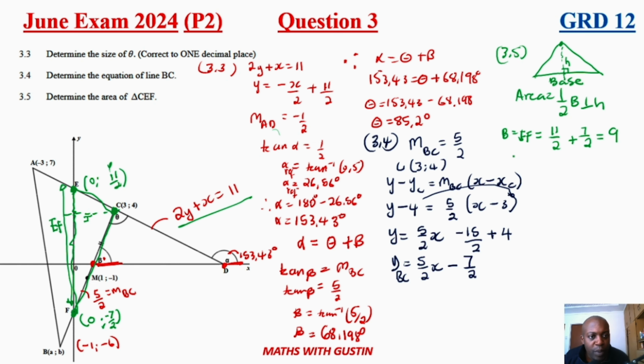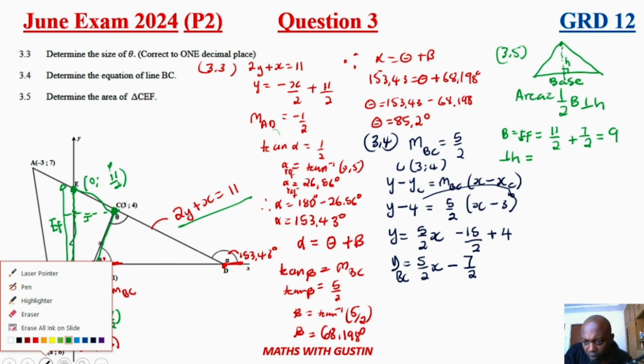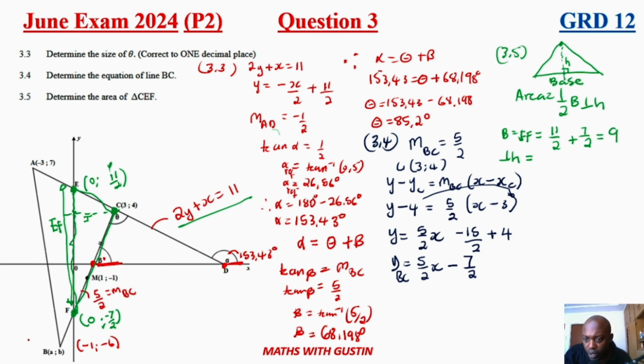All right, so the perpendicular height, guys, will simply be given by this distance here. Let me go back to a red color so you can see what I'm talking about.